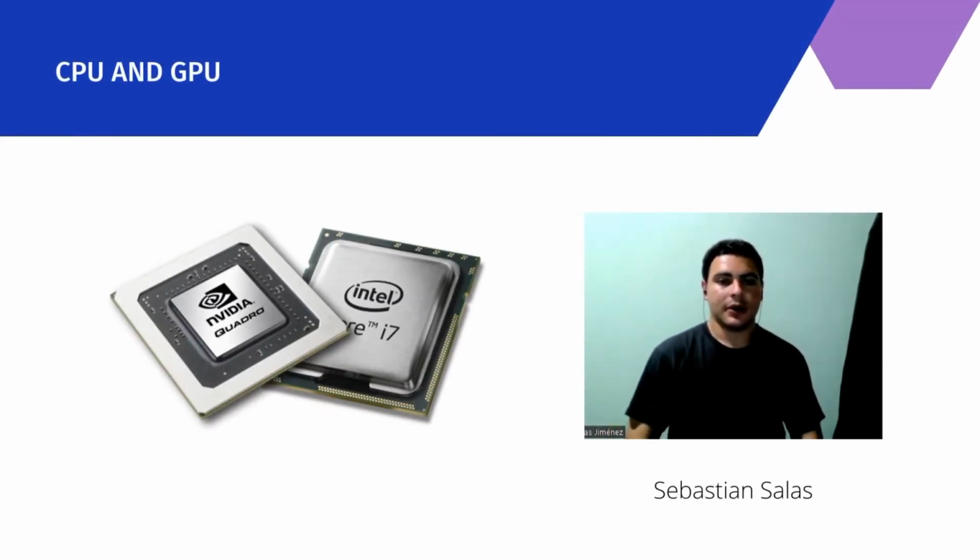CPU and GPU. Both are microprocessors that are responsible for different tasks. First, CPU. This is an abbreviation for Central Processing Unit, and a computer's CPU processes the instructions that the main processor receives from the hardware and software running on the computer.